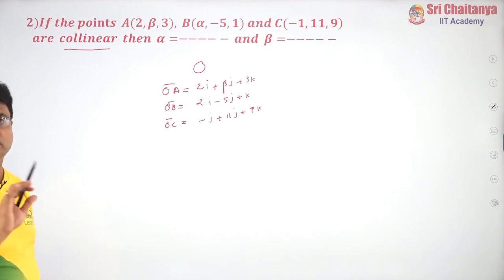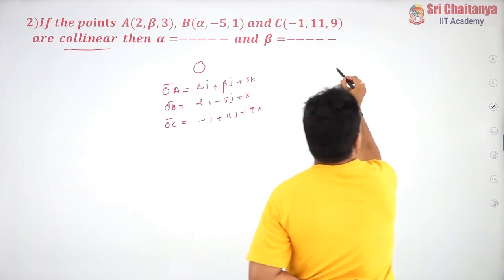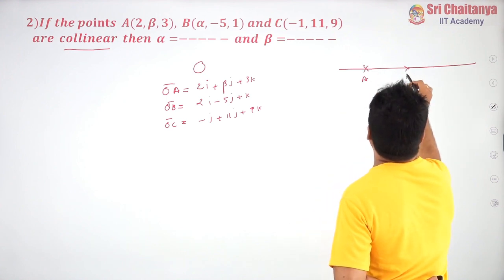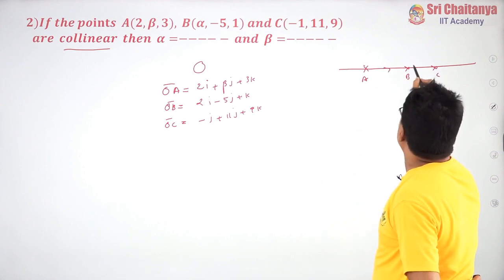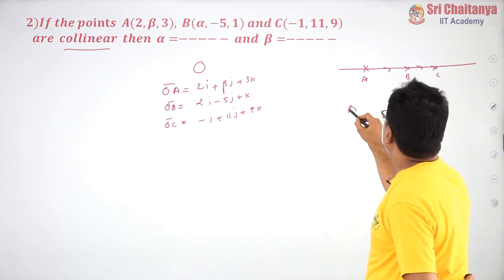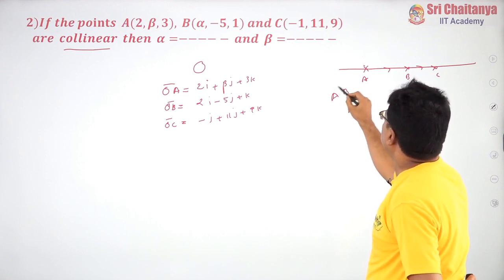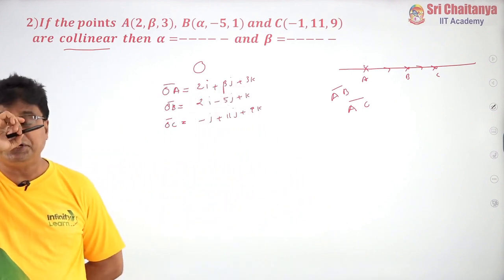What is given? The points are collinear. Whenever points are collinear, suppose this is point A, this is point B, this is point C. Now establish two vectors, AB bar and AC bar. Try to understand, these two vectors have the same initial point.